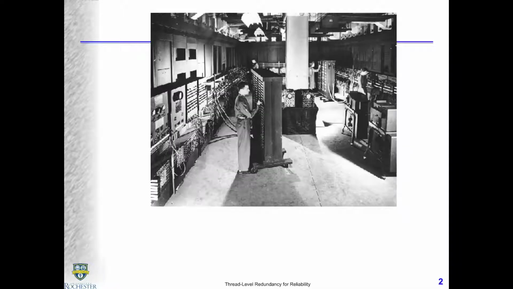So you probably recognize this iconic image. Okay? If you don't, shame on you. You're supposed to be a computer engineer. This is ENIAC, the first general purpose electronic computer we built in the modern age, 1940s.